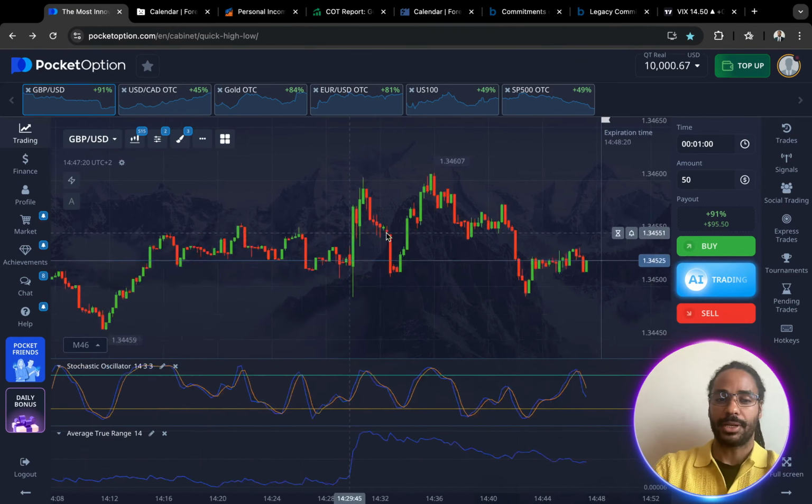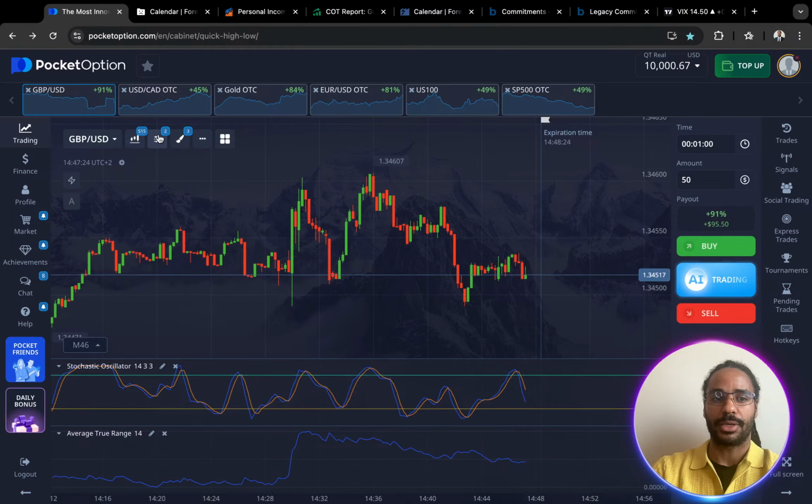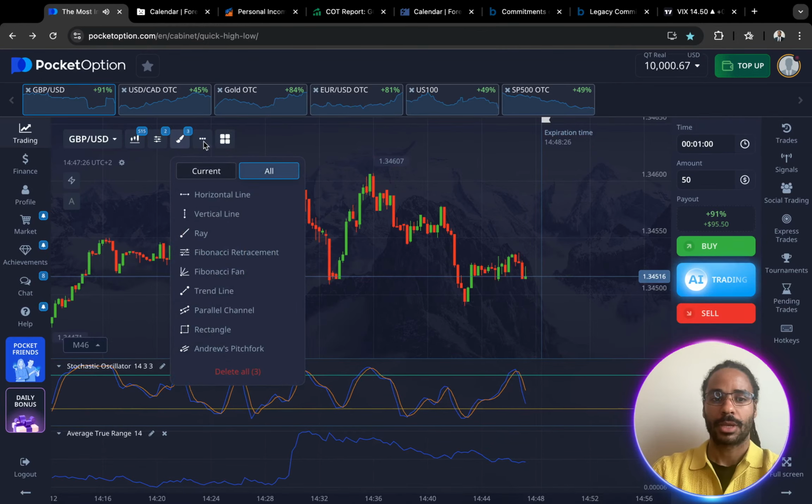Now, once you've analyzed all that, you're going to set your micro zones. I like to call them micro zones, all right? We had that little spike right there.